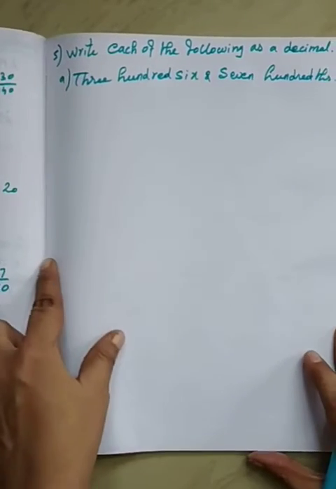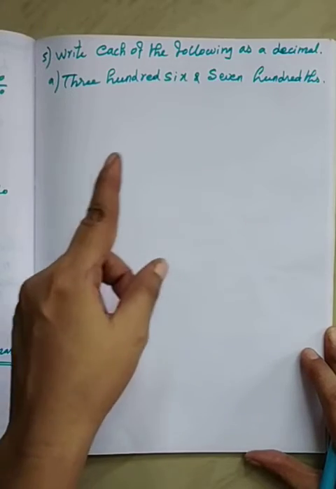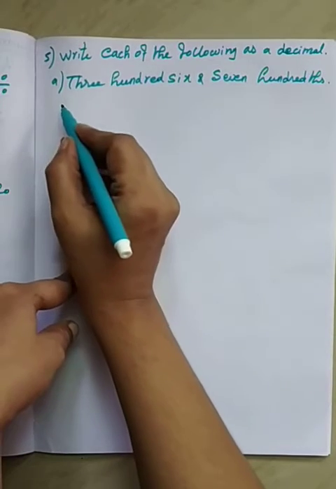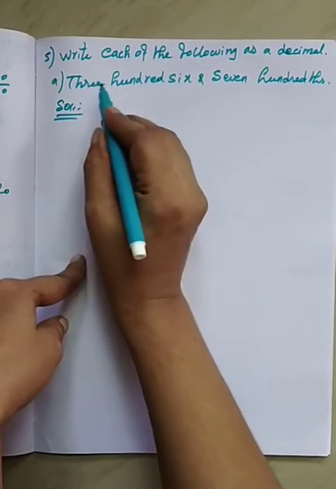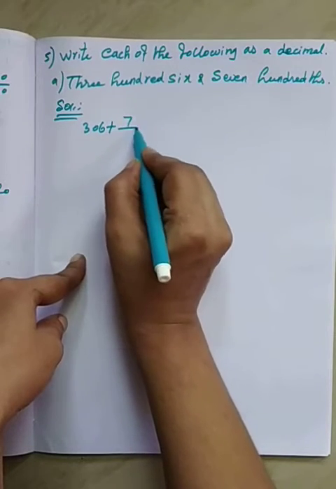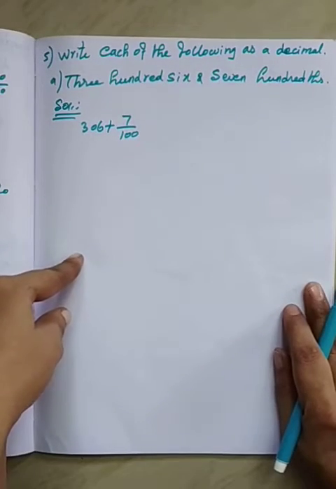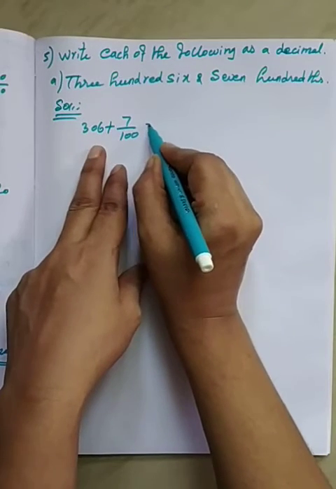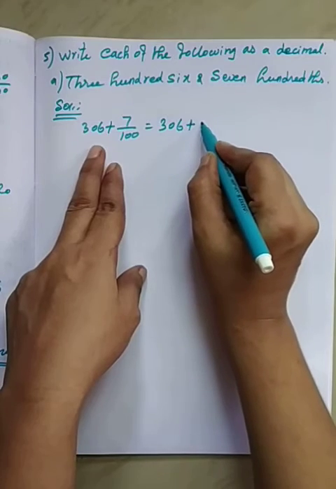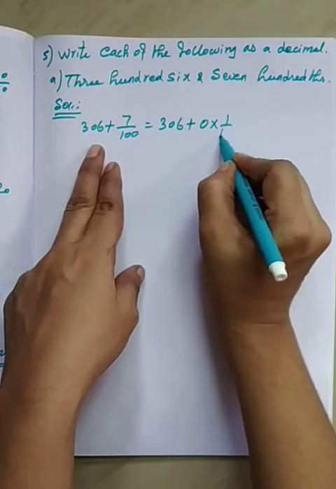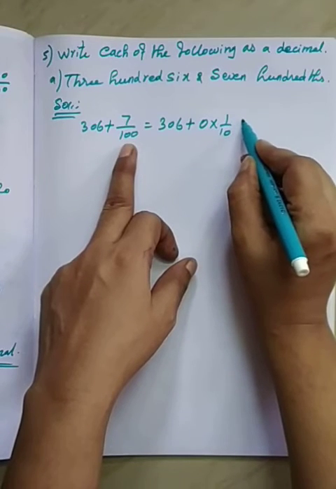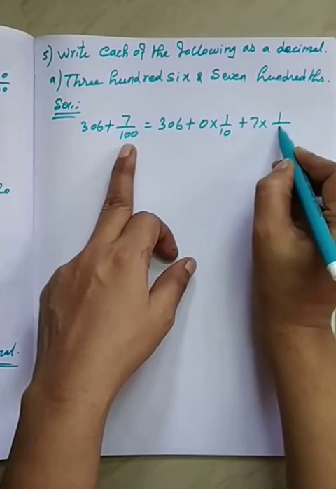How can you write it in that one? 306 and 7 hundredths means you can write it like this. What is that actually? 306 plus 0 into 1 by 10, the tenths place is not here, so you can put 0 into 1 by 10, plus 7 into 1 by 100, as the hundredths place is 7.